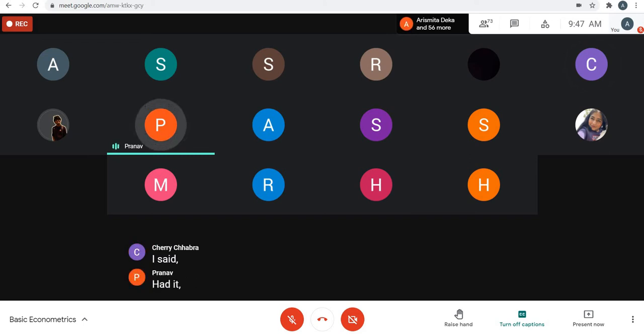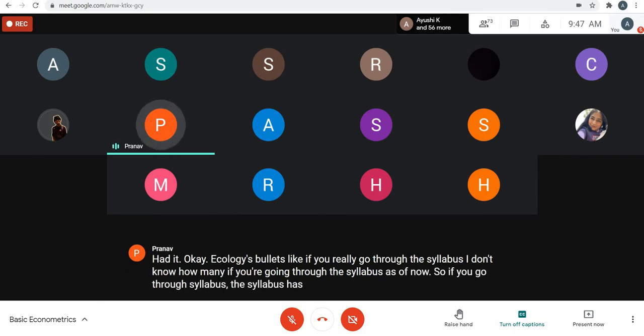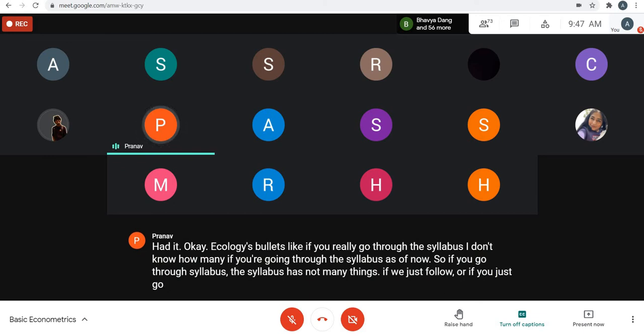Okay. एक और चीज बोलना चाहूंगा, like if you really go through the syllabus, I don't know how many of you have gone through the syllabus as of now. The syllabus has a lot of things, and if we just go word by word through the syllabus, then it will be really difficult for us to keep our head in one place.